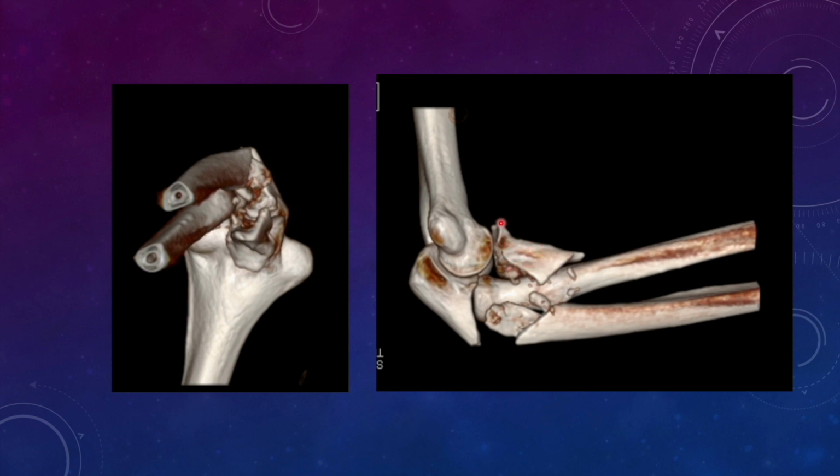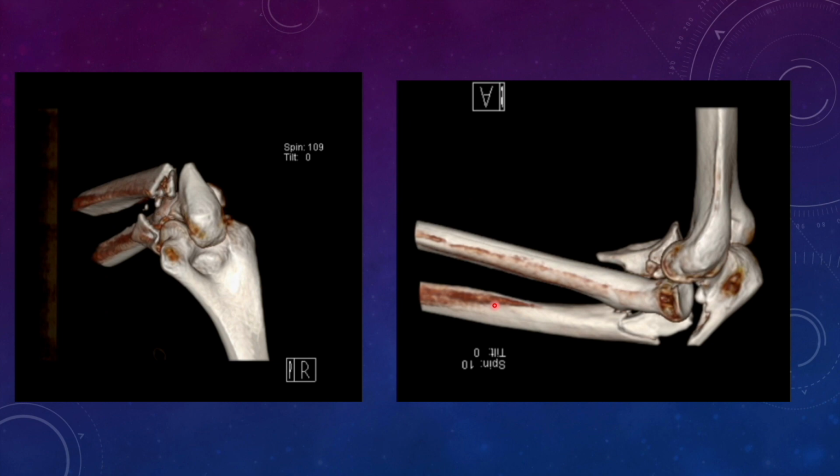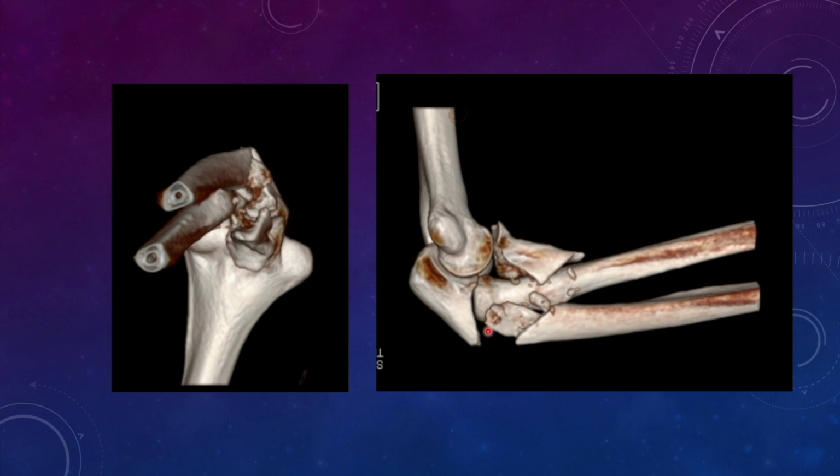What we can do, we can use transosseous sutures to pull this fragment towards the proximal ulna, and also we can use a small plate to stabilize this fragment with the proximal ulna. And this fragment is actually from the lateral side. As we had seen, from the lateral side is the area where the supinator crest is there. Probably this fragment has attachment of the lateral collateral ligaments.